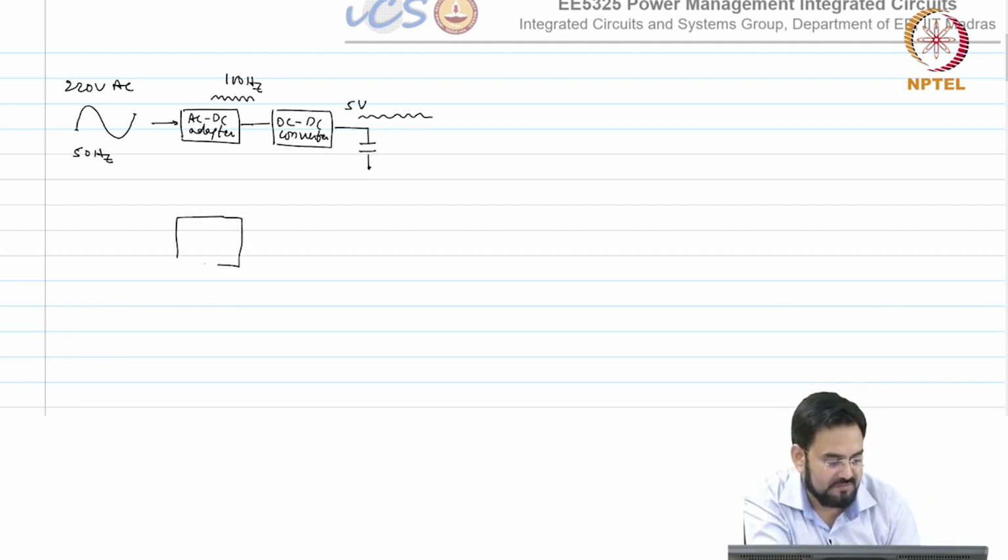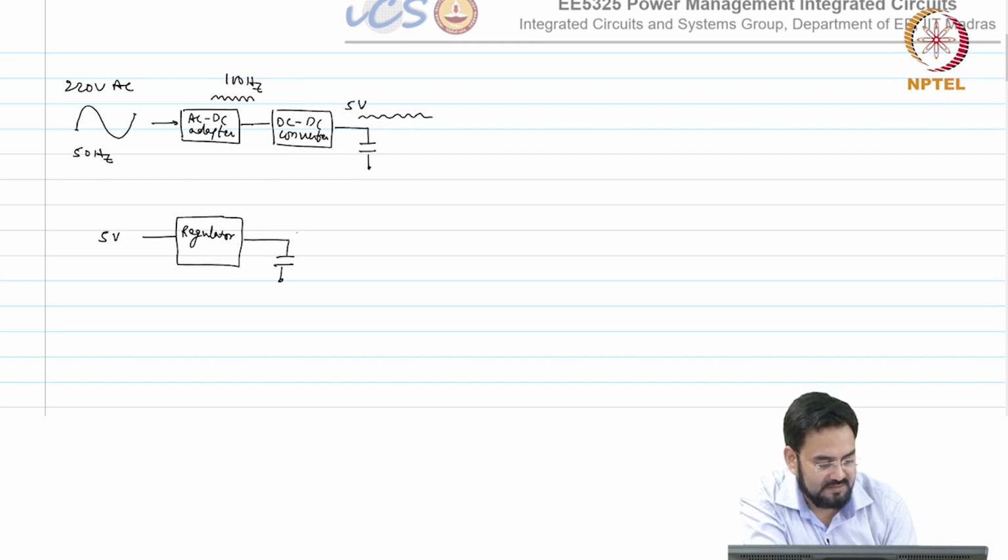So, now this is your regulator, which takes 5 volt and gives you, let us say, 1.2 volt. Okay.